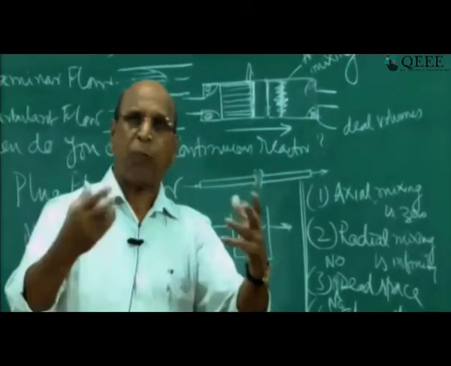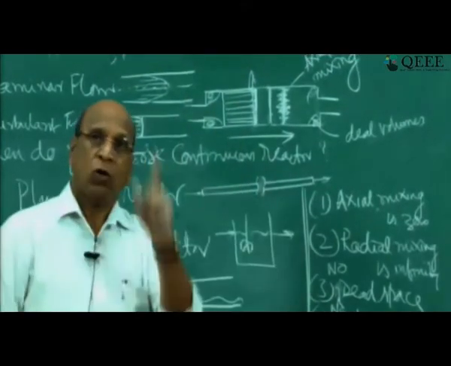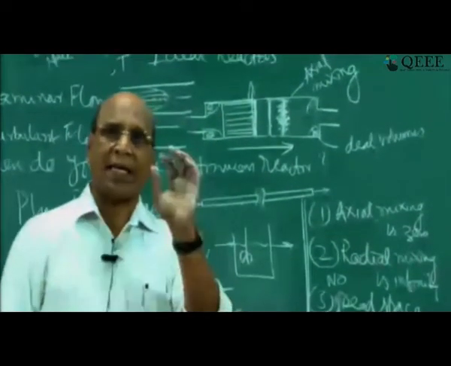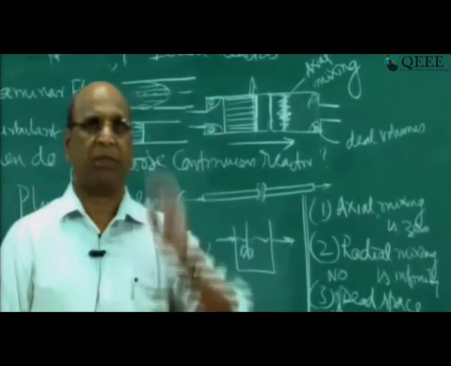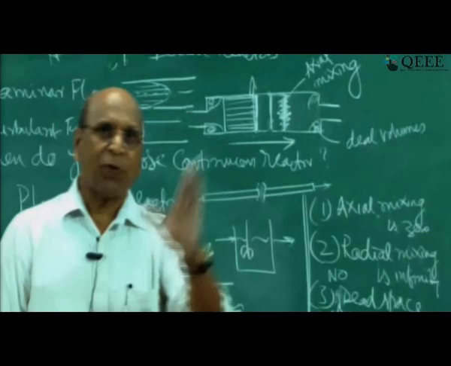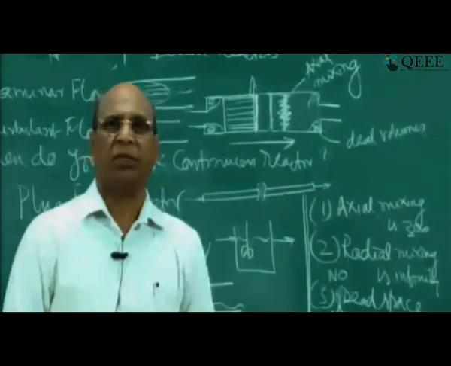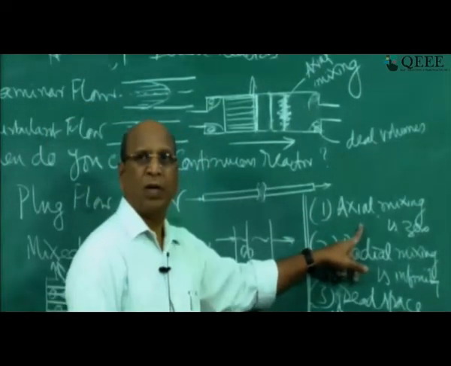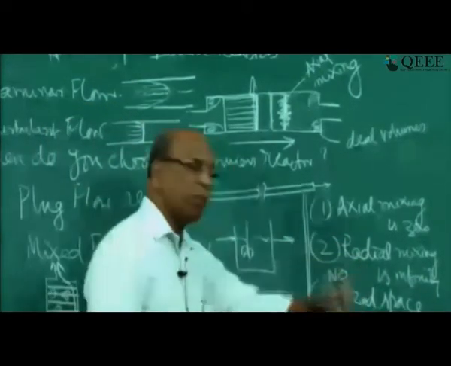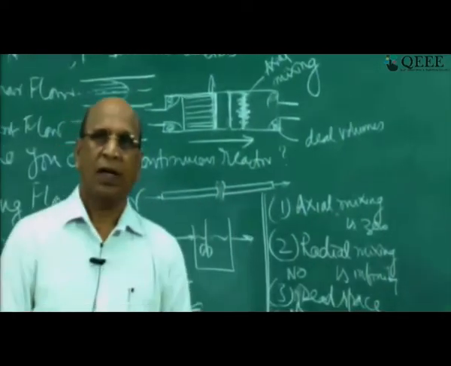Your idea of plug flow is this, having a flat velocity profile. Why? To satisfy the condition that each and every particle must spend exactly the same time. To satisfy that condition, you need a flat velocity profile. You should not have axial mixing, axial mixing must be 0. You should have radial mixing equal to infinity. So these are all the conditions, right?